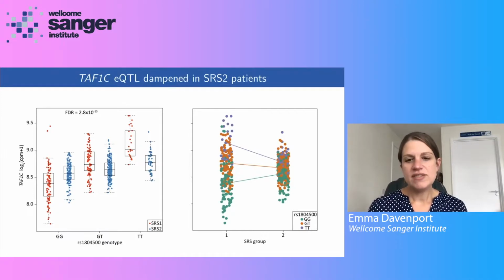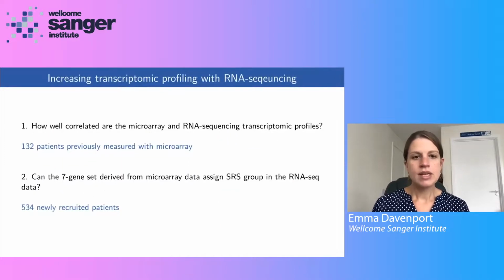So this is suggestive that there's something interesting going on functionally with that SNP, but only in the context of SRS1. Again, we're starting to piece together additional evidence as to what the differences are between these two groups and whether it's genetics that is playing a role in determining whether people are going to be in one group or another.